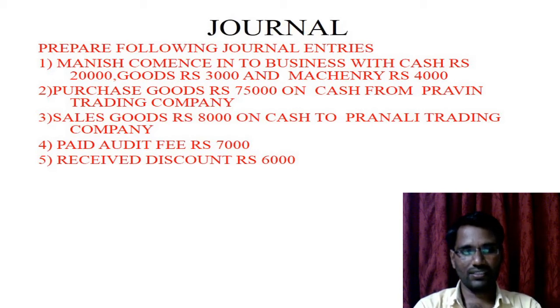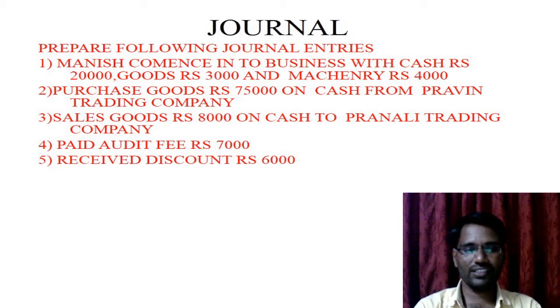In the previous both videos we discussed the format of journal. There are 5 columns: date, particular, ledger folio number, debit amount and credit amount. But purposefully I have not taken this format in this video.